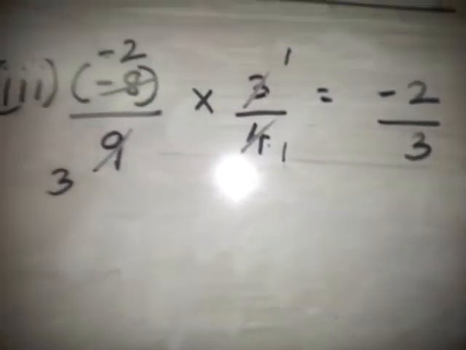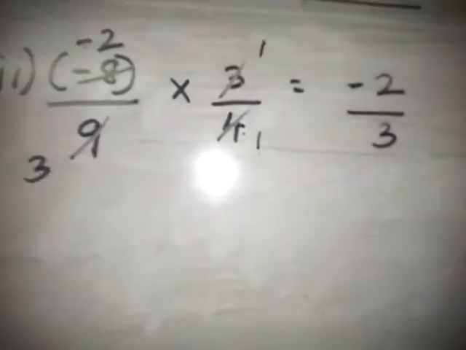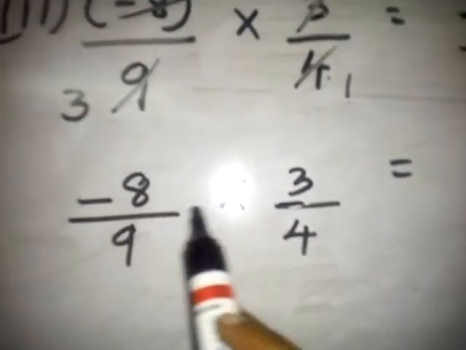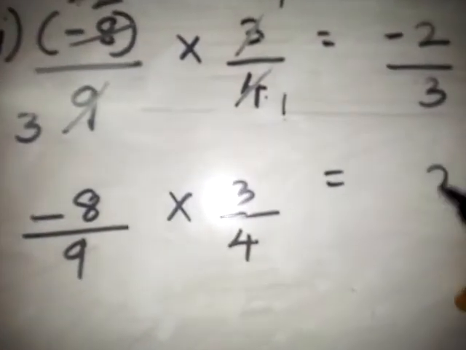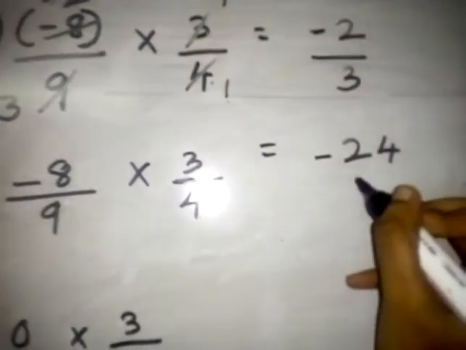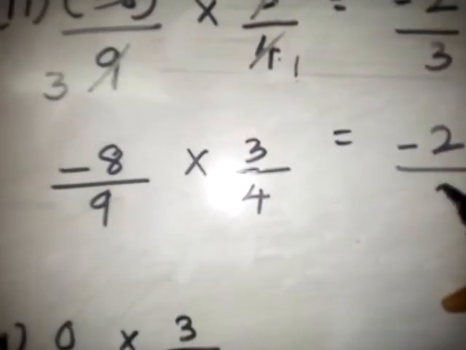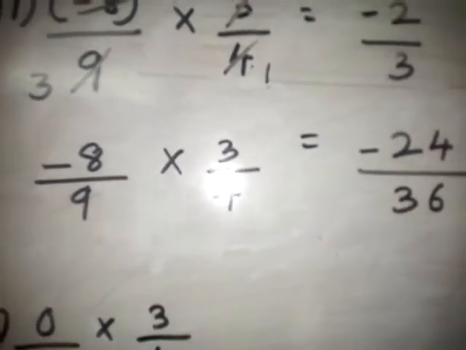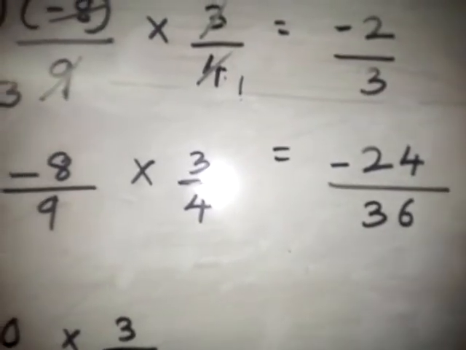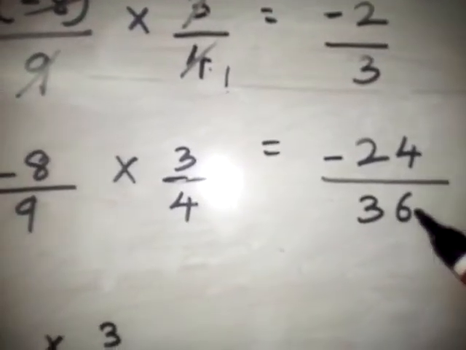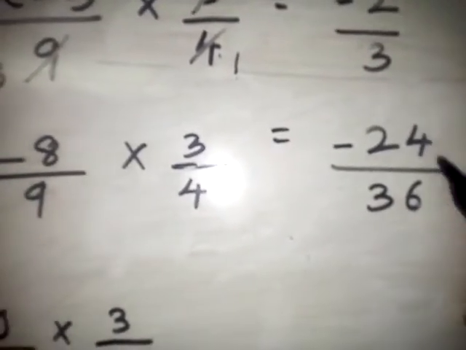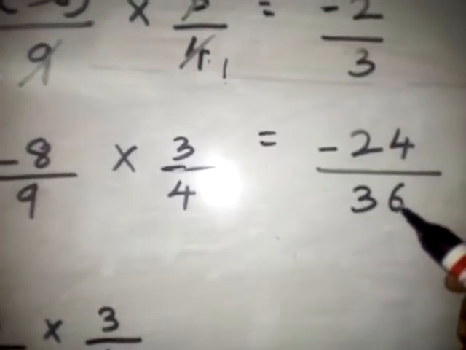If you don't know this method, I told you to use the second method. You can use that also. I am showing you. Minus 8 into 3. 8 3s are 24. Minus into plus, minus. Okay. 9 4s are 36. Now both are in the 12 table. Both numerator and denominator are divisible by 12.